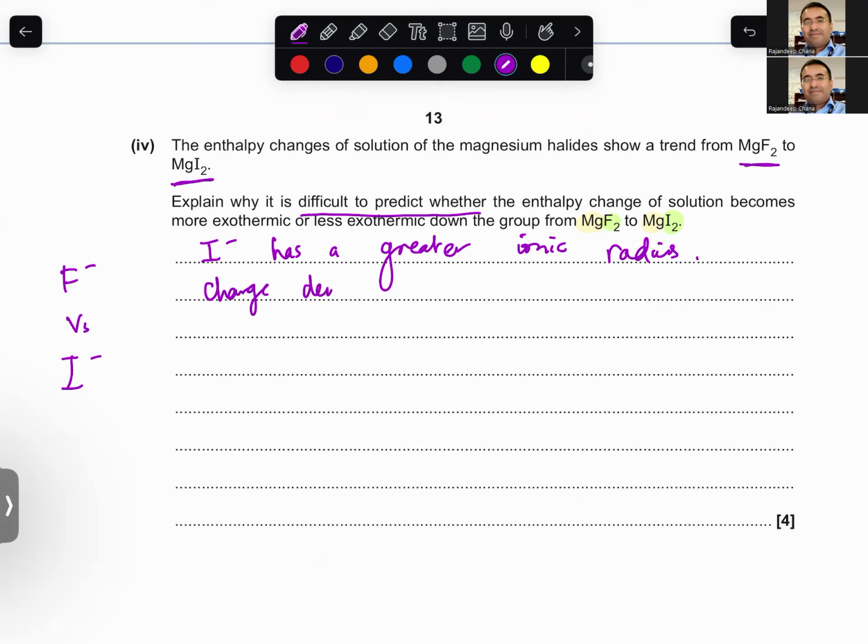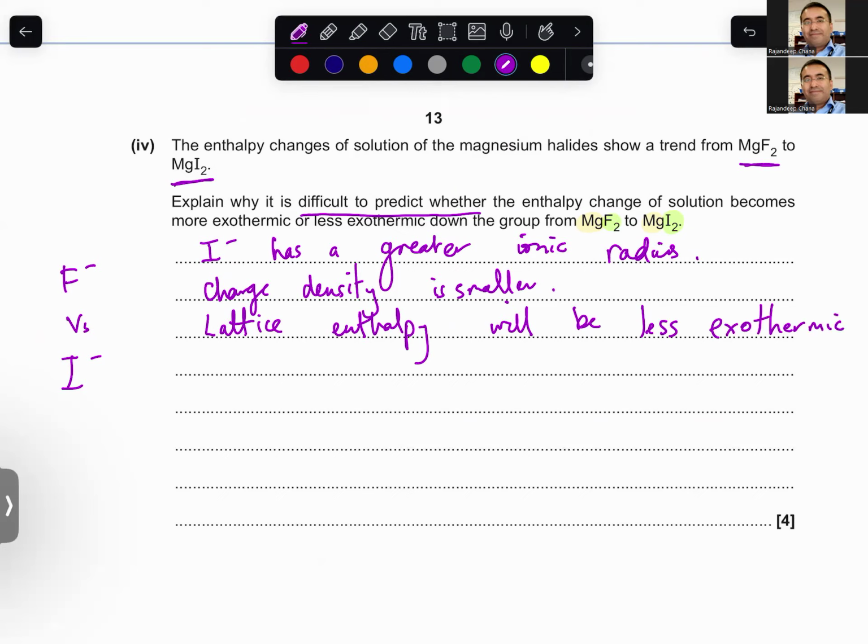That same minus 1 charge is spread over a larger volume. Charge density is smaller. As a result, the lattice enthalpy will be less exothermic.